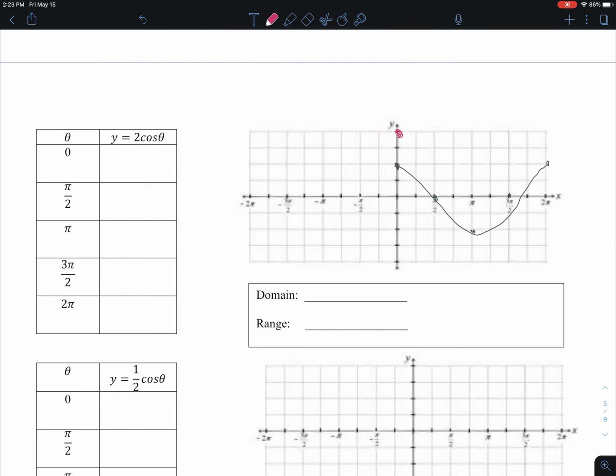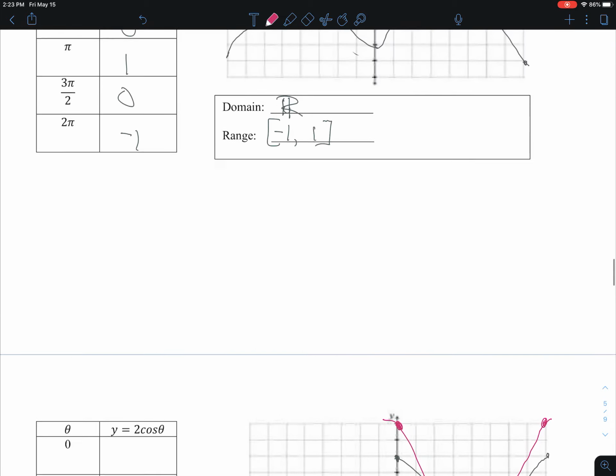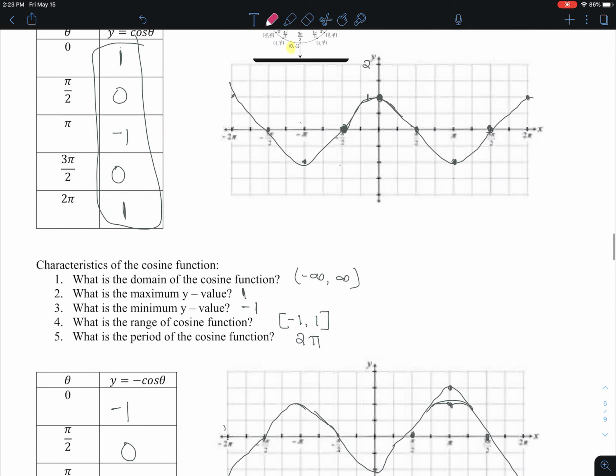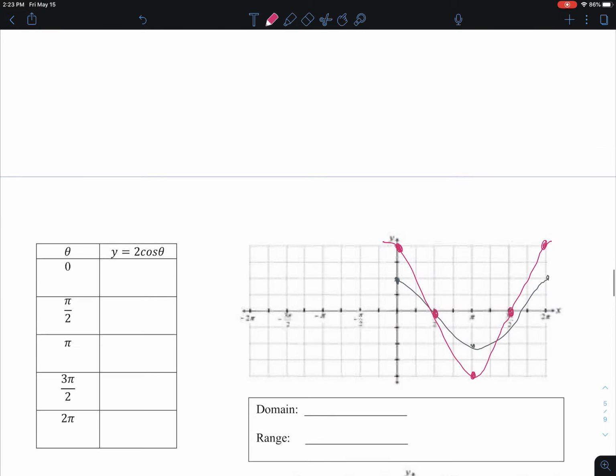It's going to look similar, except it's going to go to 2, 0, negative 2, back up to 0, and then up to 2. So 2 cosine theta will sort of look like that, and it would continue on, because all we've done is take these numbers from cosine theta and multiply them by 2.